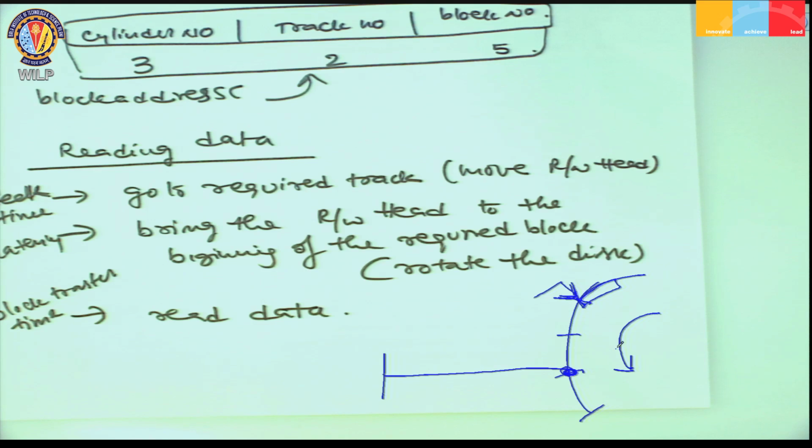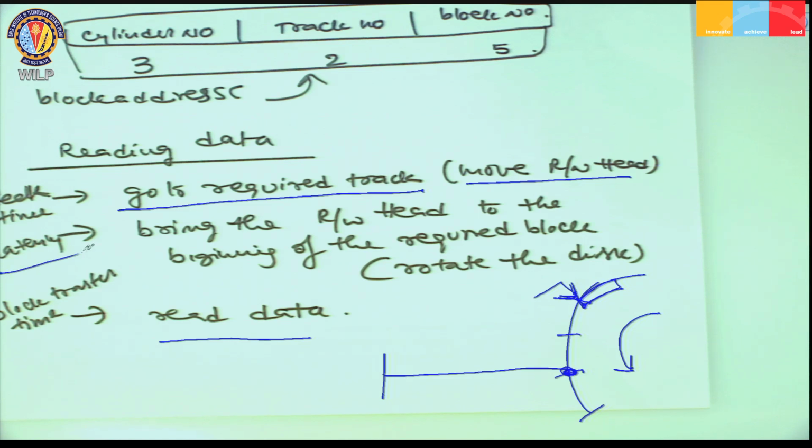And once you reach the beginning of the block, then onwards you start transferring the data byte by byte, from the block using that IO device to the RAM. This is called reading of data, or block transfer time. So the first component is seek time, which says go to the required track by moving the read write head.